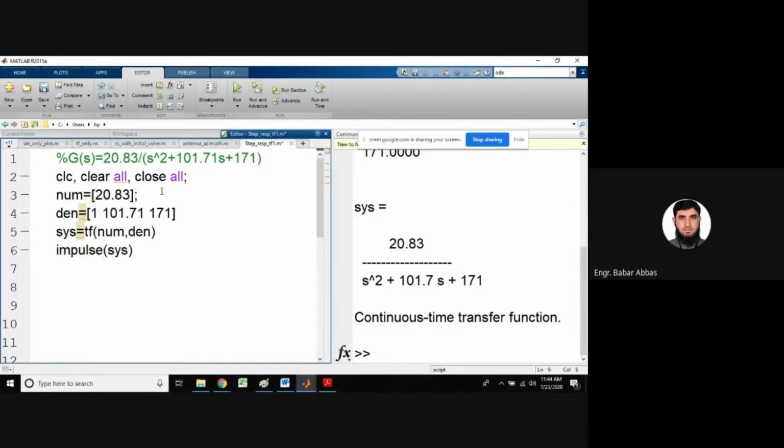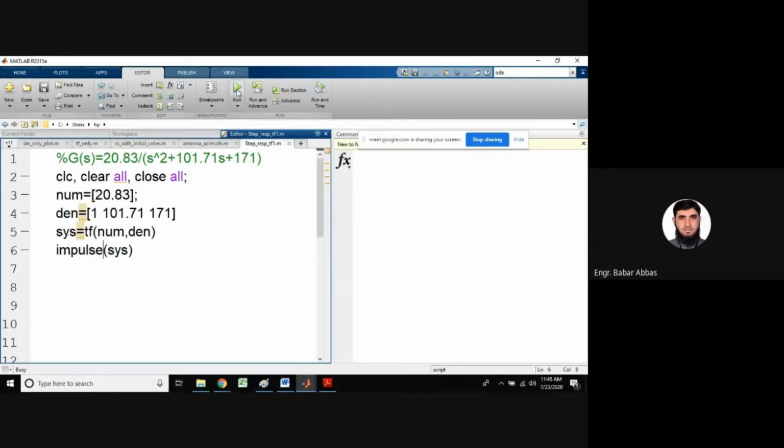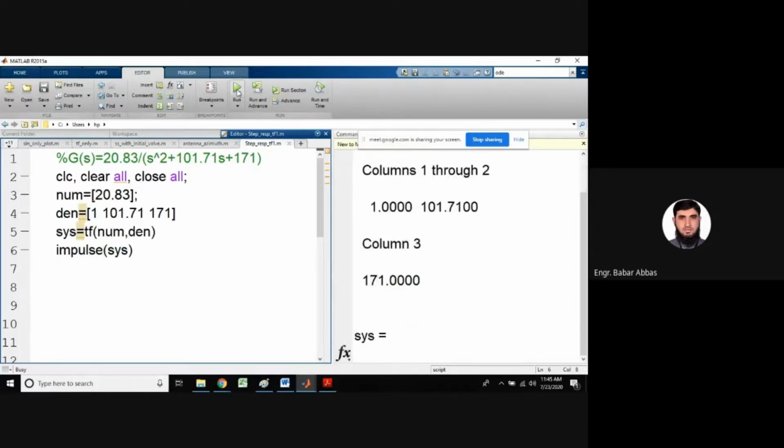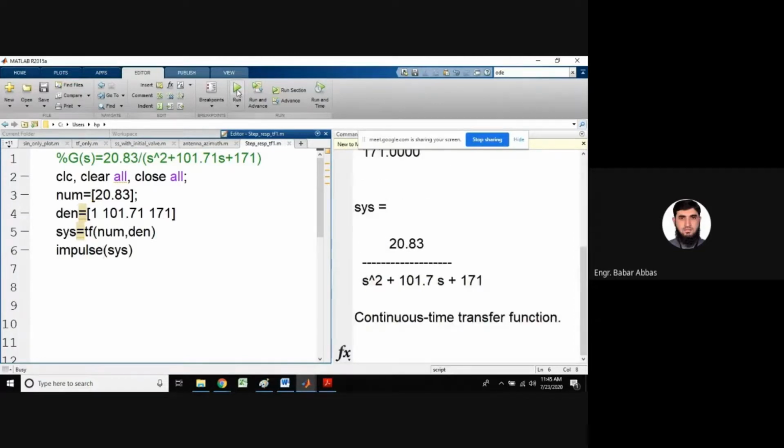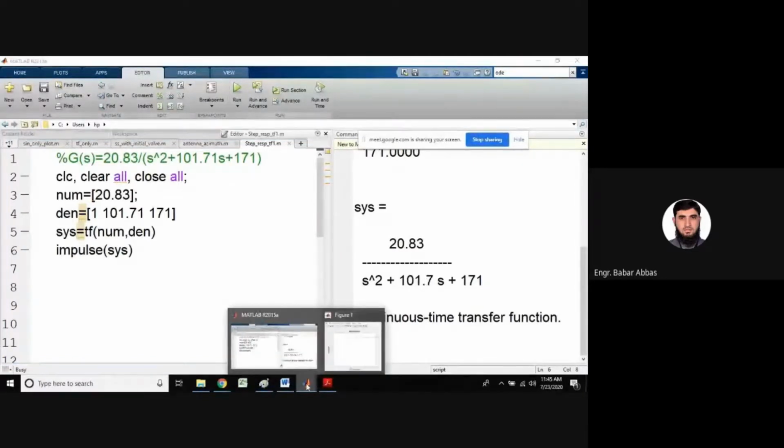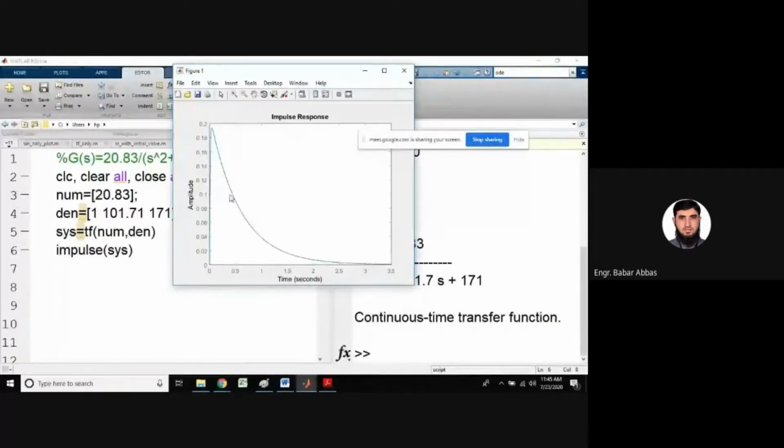And you know that this is the unit impulse, and the value of the unit impulse in the Laplace domain is equal to 1, whereas the value of the unit step is equal to 1 over S. This is the transfer function, and this is the response to the unit impulse. That is going to the final value 0. So that is a stable system.